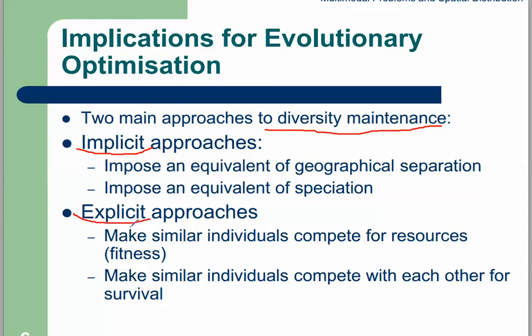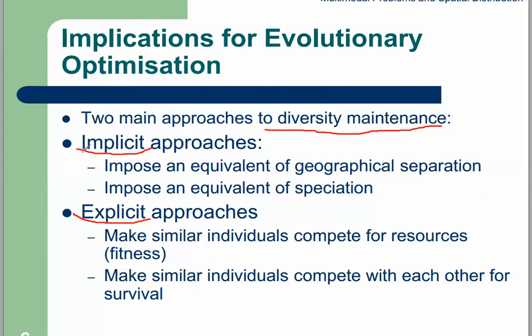Explicit methods solve the problem directly by attention to the fitness value, but implicit methods don't solve the problem by attention directly to the fitness value.